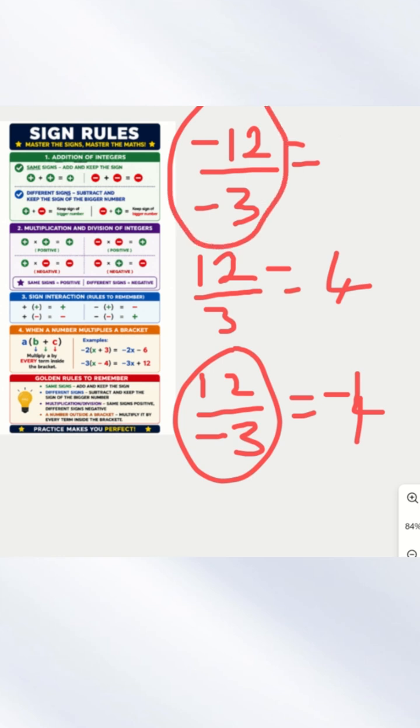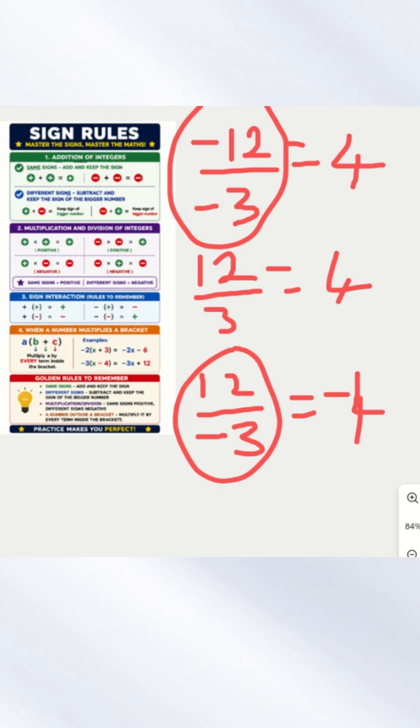Since the two numbers have negative sign, the answer will be positive. If the two numbers have positive sign, the answer will be positive. But if they have different signs, the answer will be negative. So minus 12 divided by minus 3 will give me 4. The answer is positive.